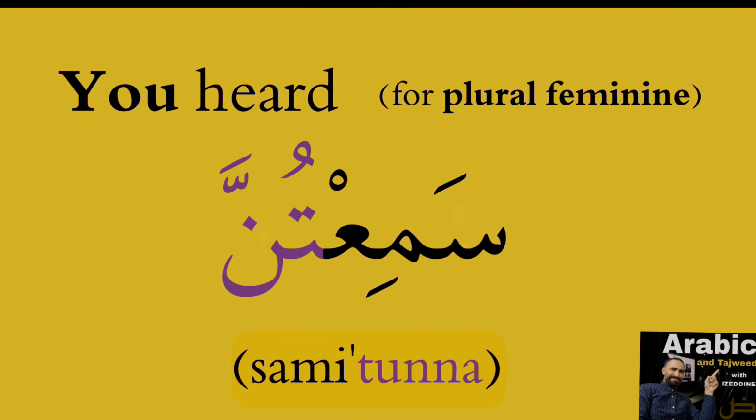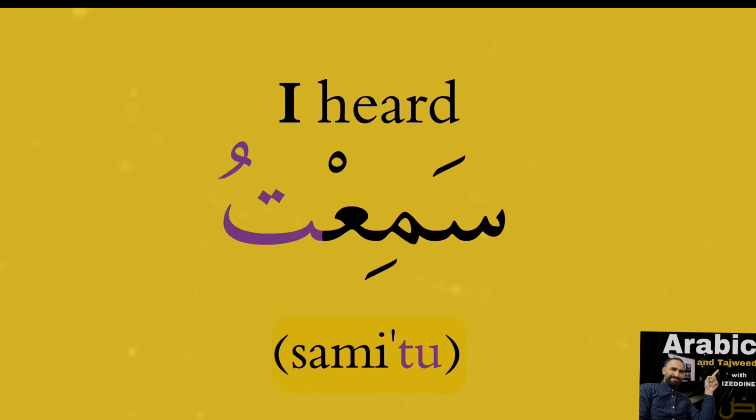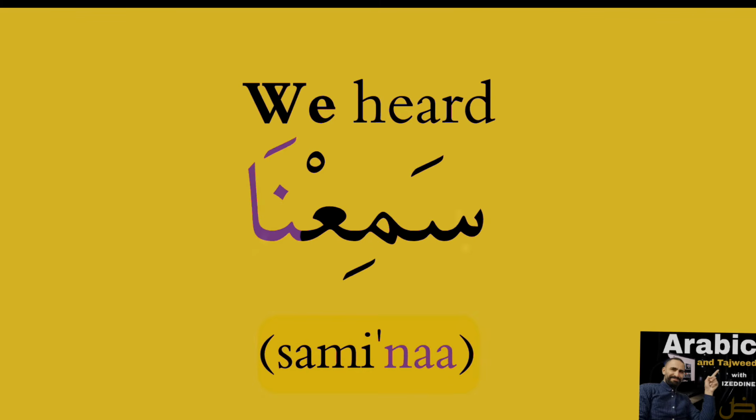Or you can avoid أنتن and you say سمعتن. You, the group of girls or women. I heard. أنا سمعت. Or we can avoid أنا and say سمعت. Memorize what we add to the verb.